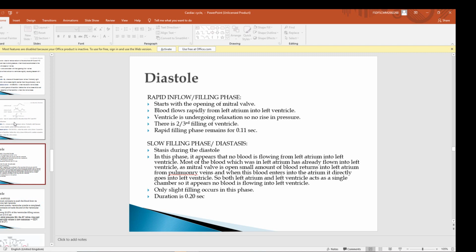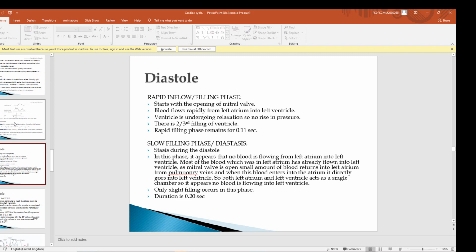Then we have the slow filling phase of diastasis, the stasis during the diastole. In this phase, it appears that there is no blood flow from the left atrium into the left ventricle, and most of the blood which was in the left atrium has already flown into the left ventricle, as the mitral valve is open and a small amount of blood returns into the left atrium from the pulmonary veins, and when this blood enters the atrium, it directly goes into the left ventricle.